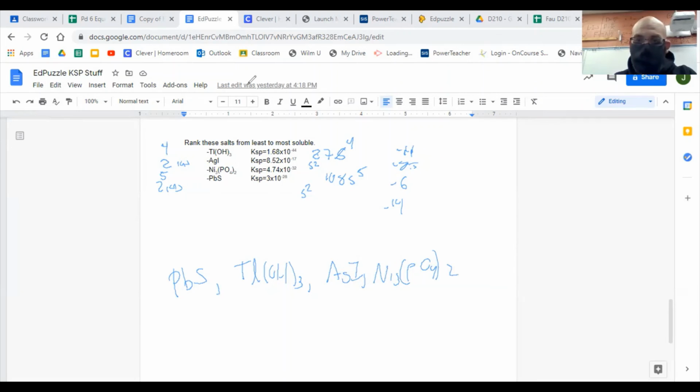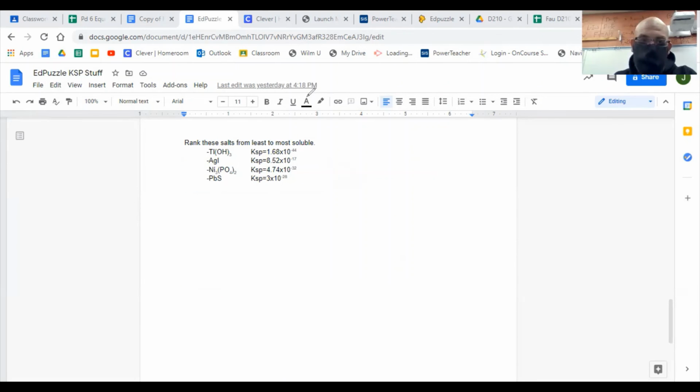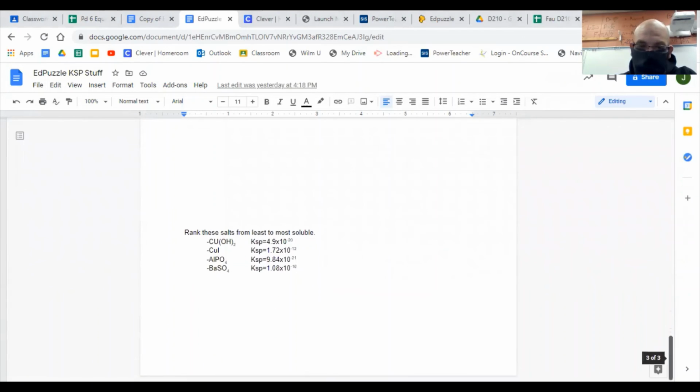All right, do the same thing for this last problem. Again, get your counts. How many ions does everybody have? Copper hydroxide, 3. Copper iodide, 2. Aluminum phosphate, 2. Barium sulfate, 2. So this is 3 ions, 4S cubed, and these are all S squared.